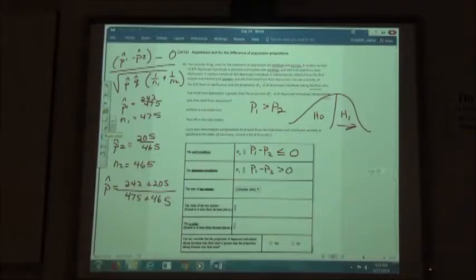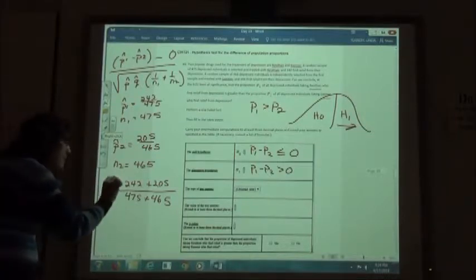So take the numerators of each of your fractions, add them together, and then the denominators from each of your fractions, add them together.